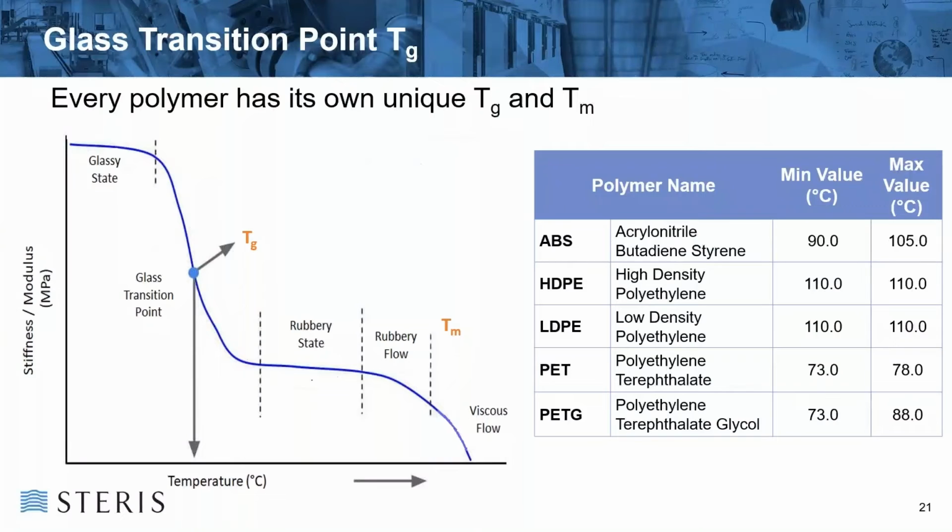You can see in the table here on the right some glass transition temperatures of some common polymers. You can see PET, PETG, relatively low, 73 C, up to some higher temperature ones in the HDPEs. So you can see why it's important to take a look at this kind of information prior to choosing that temperature that you're doing your accelerated aging at.